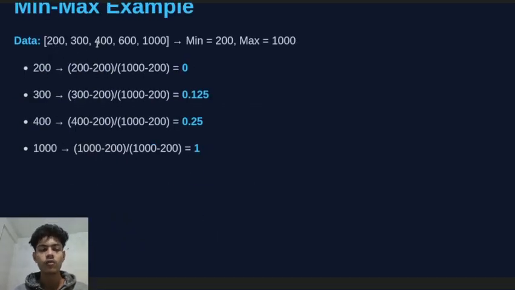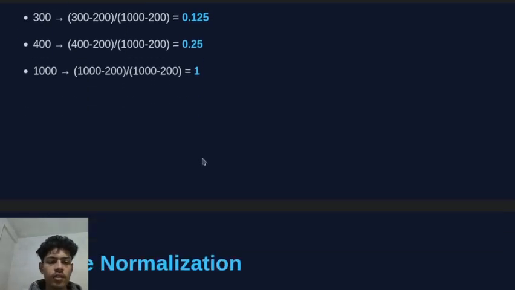So 200 minus x min, which is 200 minus 200, is 0 only. When we go for 300 minus 200, it gives 100, and divided by 1000 minus 200, it gives 800, and the answer is 0.125. Similarly for all the data.